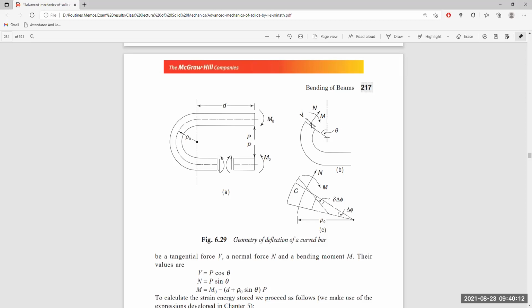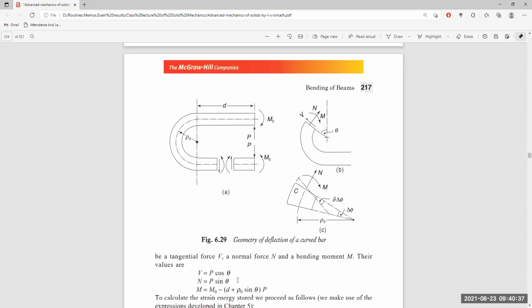Another is the force N acting normal to the section, and another is the bending moment M acting in a clockwise direction. The orientation of this section is given by the angle theta, which it makes with the y-axis itself.